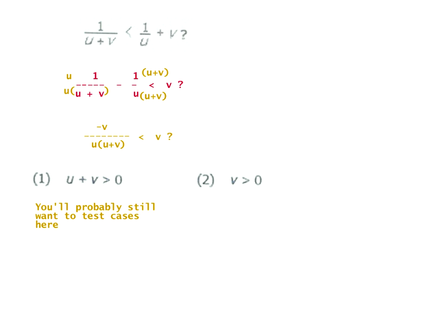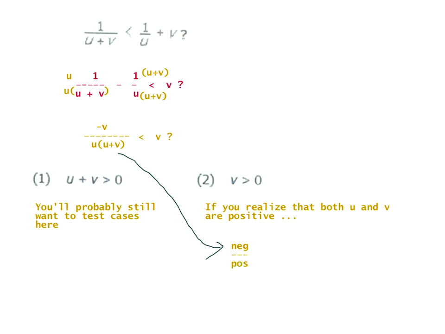If you realize that both things are positive, then that thing is a negative fraction, because it's negative over positive. And then that's a negative quotient. And then, of course, v itself is positive. So that works.